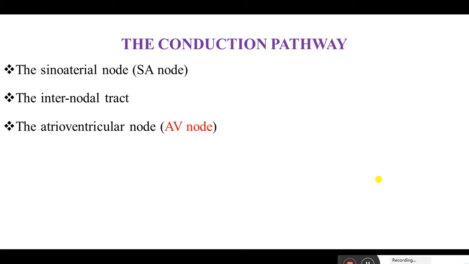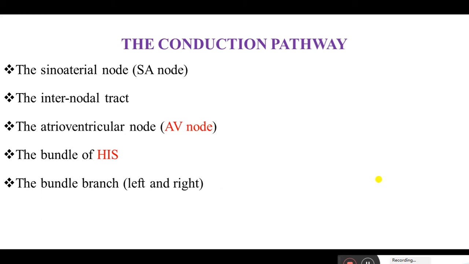And we have the bundle of His, which is a specialized bundle that conducts this electrical impulse down the cardiac septum to be distributed into the ventricular myocardium to create ventricular contraction.